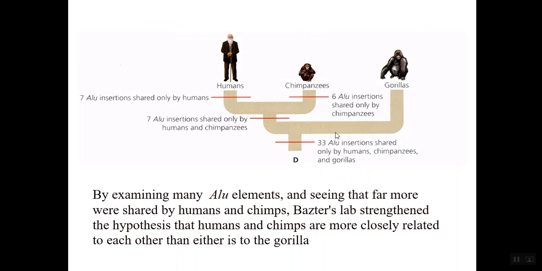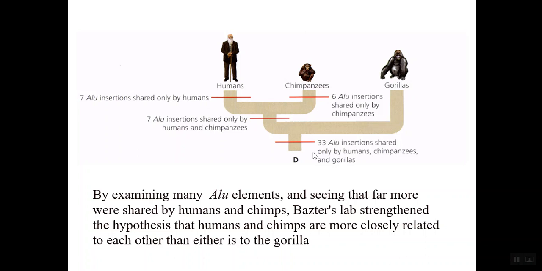Okay, so you have 33 ALU insertions. They're called insertions because they're insertions of viruses, right? Or you can call them elements, that's fine too. And of these 33, he discovered that actually 7 ALU insertions are shared only by humans and chimps, okay? And 7 only by humans, 6 only by chimps.